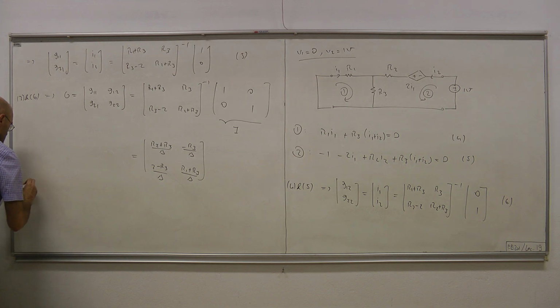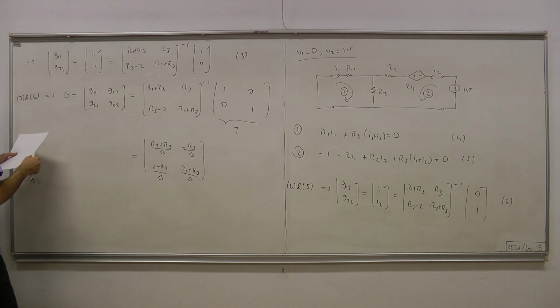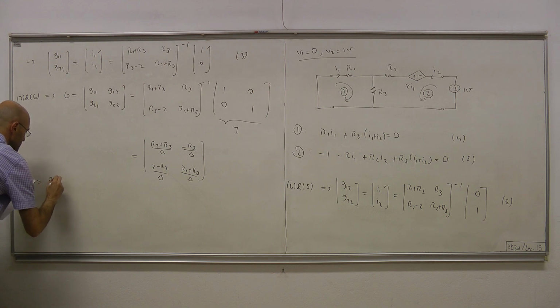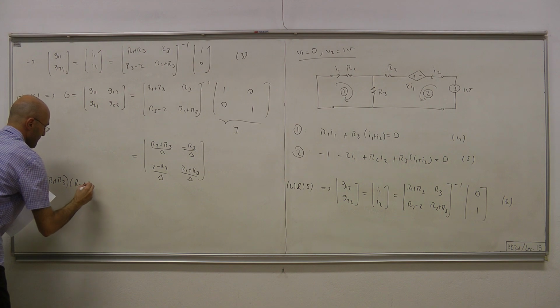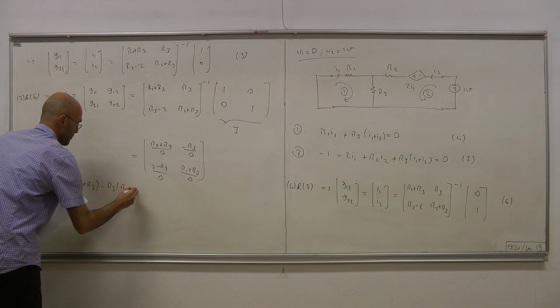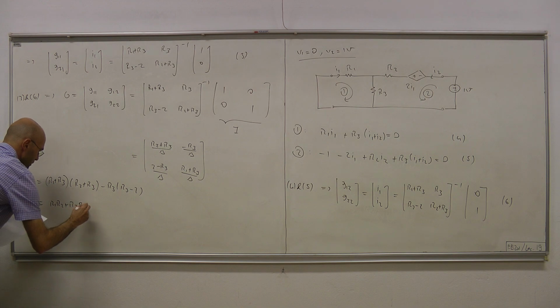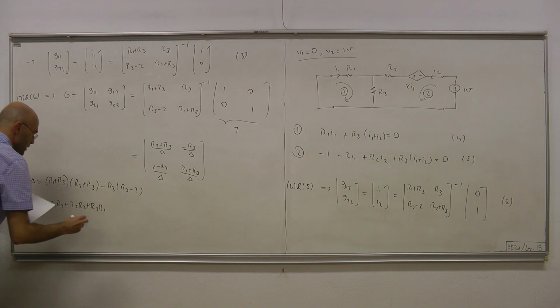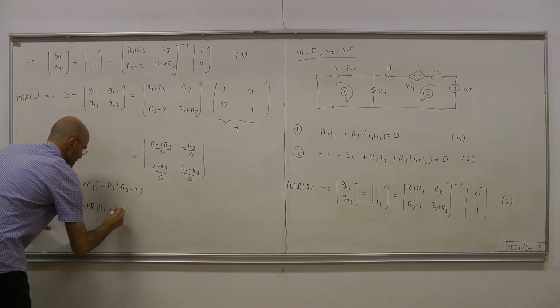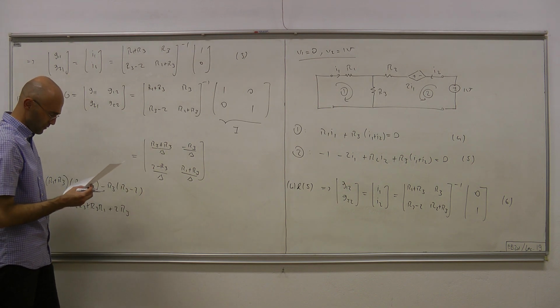And delta is this times that minus this times that, minus R3 minus 2 times R3 minus 2. That yields R1R2 plus R2R3 plus R3R1 plus 2R3. So that's the determinant of the resistance matrix.